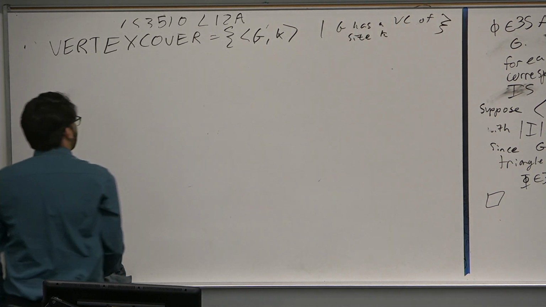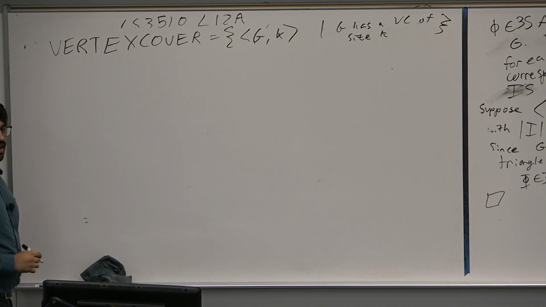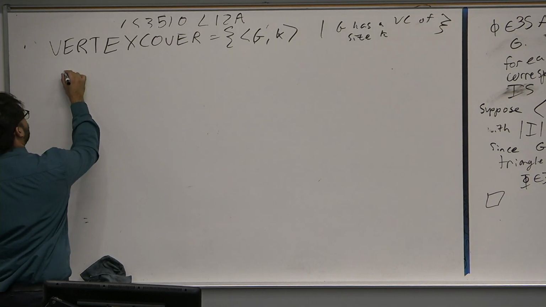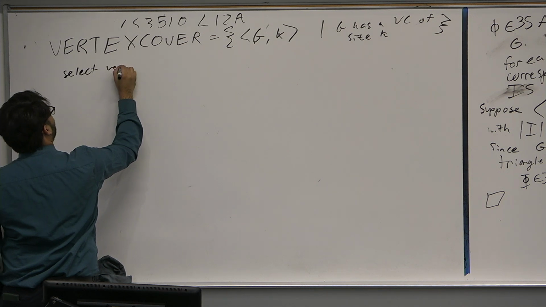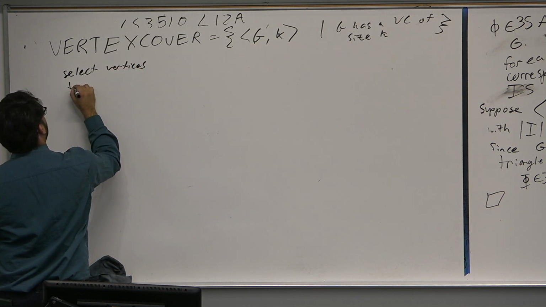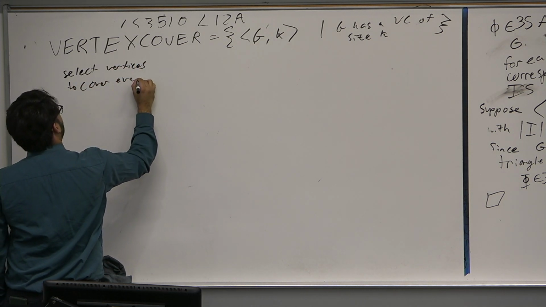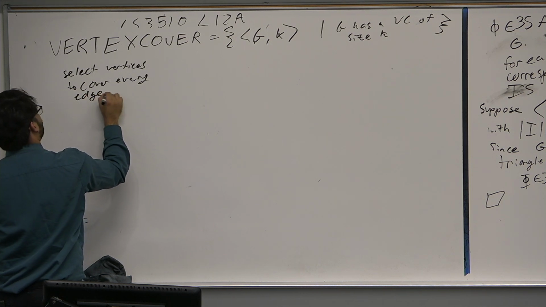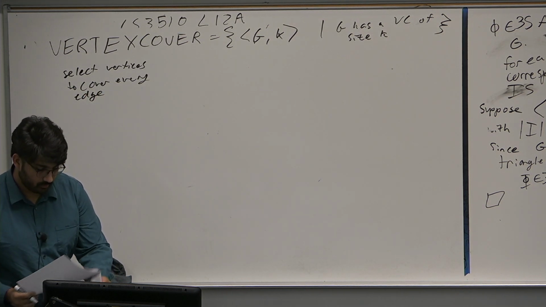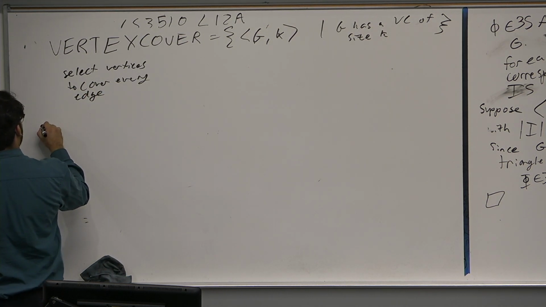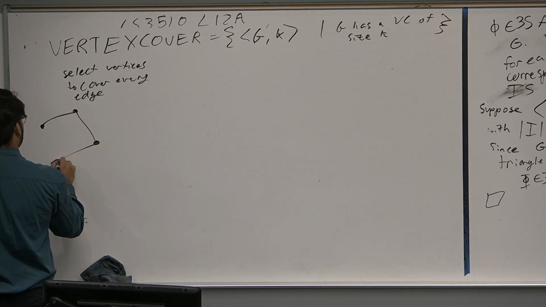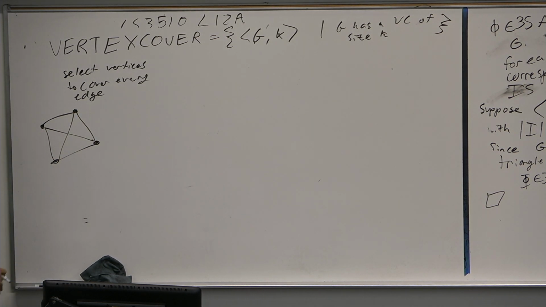A vertex cover of a graph is a selection of vertices that cover every edge. If I asked you, for example, for this one, we have a clique. What is a vertex cover of the clique?